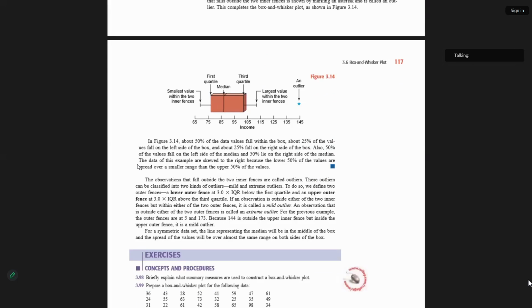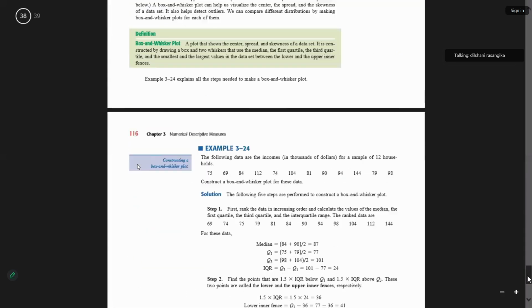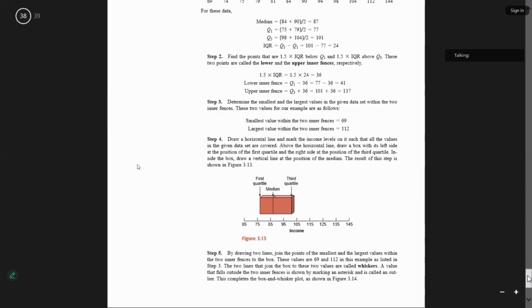Okay, then that's it about the box and whisker plot, right? Then do you have any questions regarding that one?